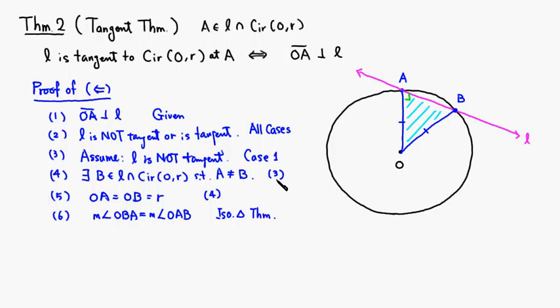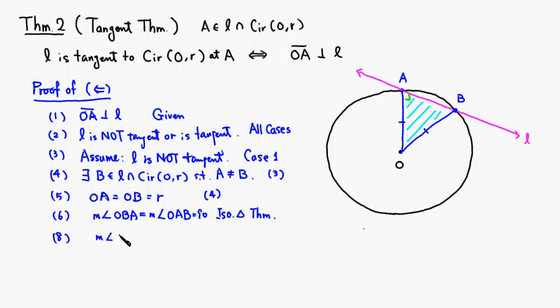On top of that, since OAB is 90 degrees, so this is going to be measure 90 here, which is actually a contradiction. Maybe I'll do this. How about this? So this is equal to 90. How about this? 8.